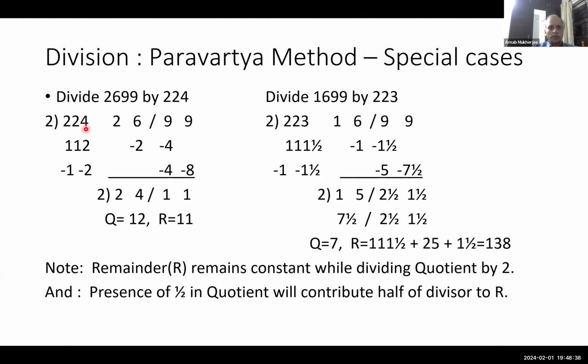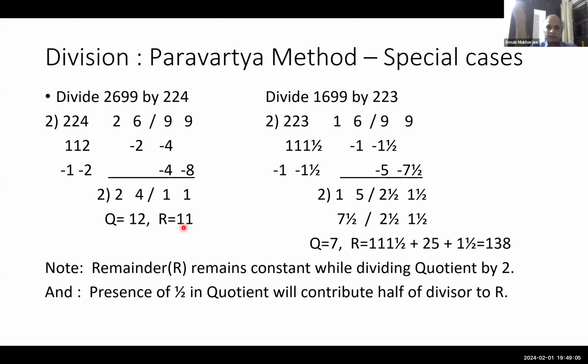But we divided 2699 by 112. Instead of that, had I divided by 224, my quotient would have been half. So we make the quotient half. So 12 becomes my quotient, and 11, it is not affected. The remainder is not affected by this division.